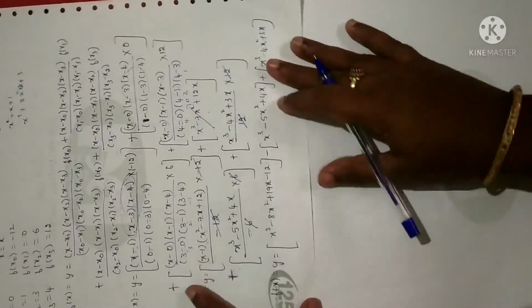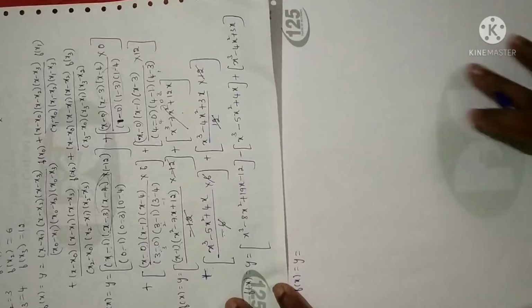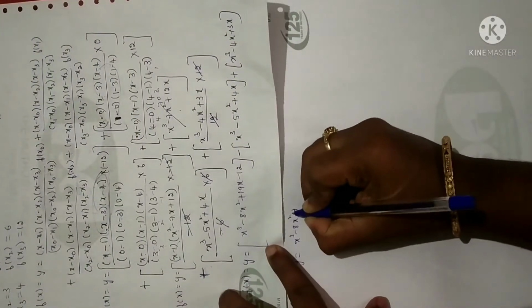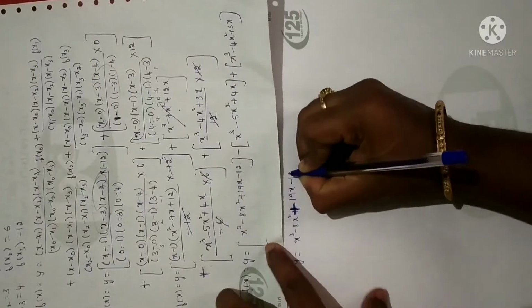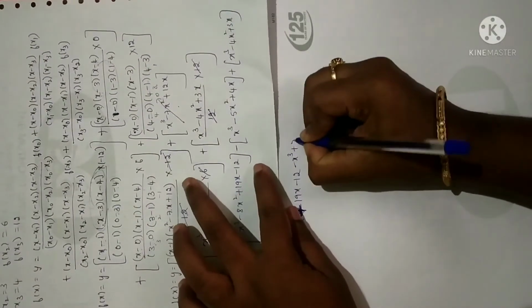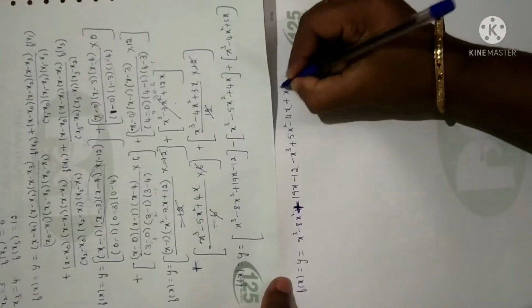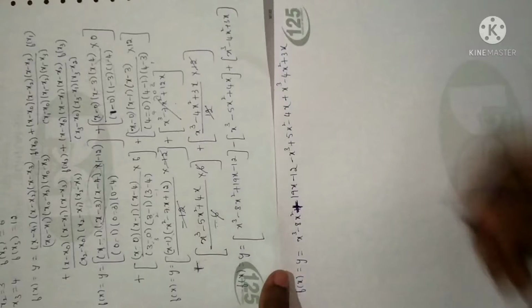So f of x is equal to y is equal to x cube minus 8x square plus 19x minus 12. I'm going to multiply minus inside so that you will get minus x cube plus 5x square minus 4x. Again plus x cube minus 4x square plus 3x.